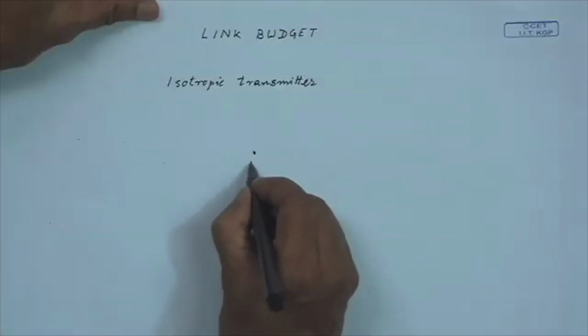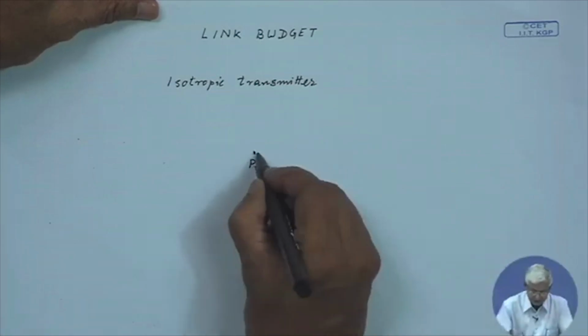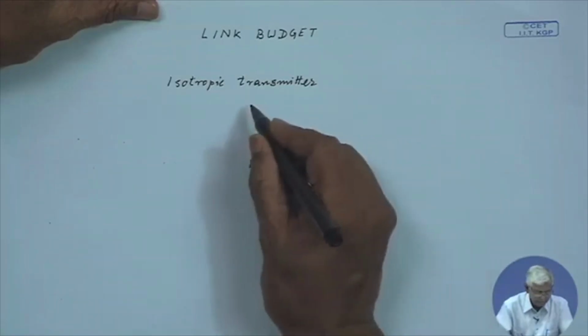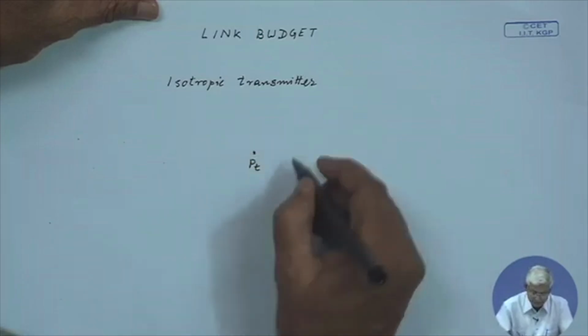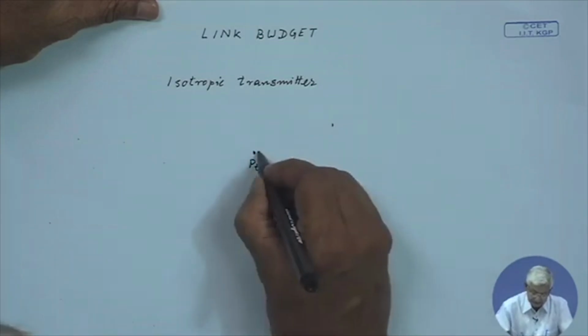So that power source, let us call it PT, is the power in watts it is transmitting, and it is going spherically all around.